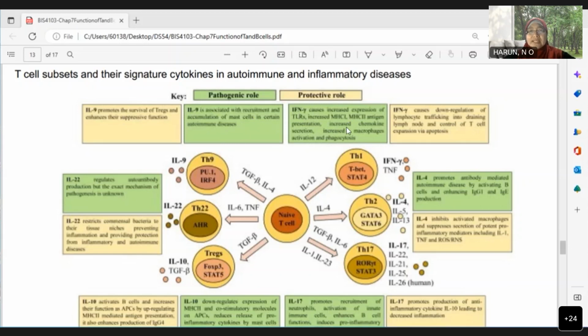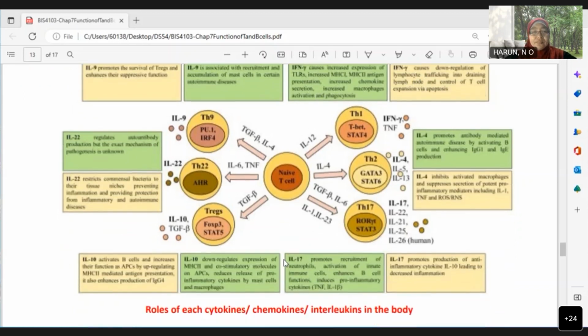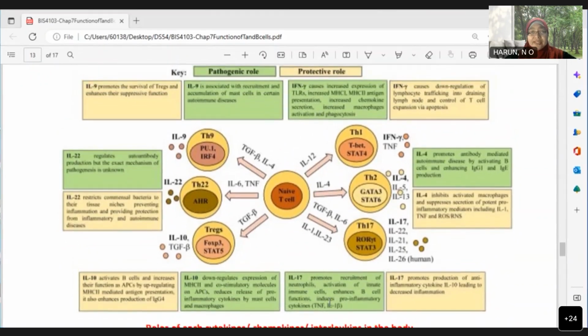It also increases chemokine secretion, macrophage activation and phagocytosis. Meanwhile, interferon gamma as a protective role causes down regulation of lymphocyte trafficking into draining lymph nodes and control of T-cell expansion via apoptosis. So again, we can see this image shows the roles of each cytokine or chemokine and also interleukins in our body system, right?